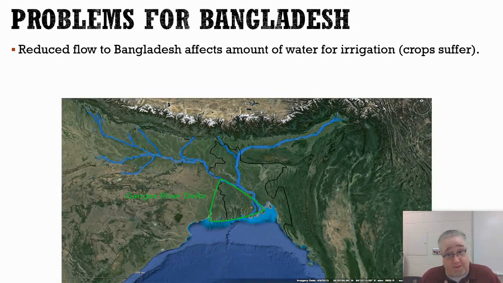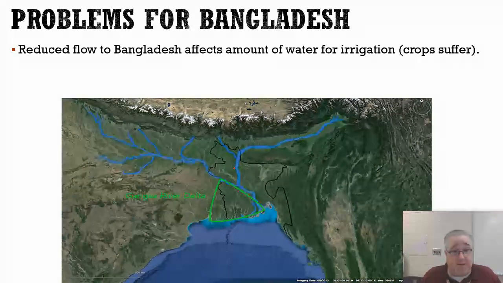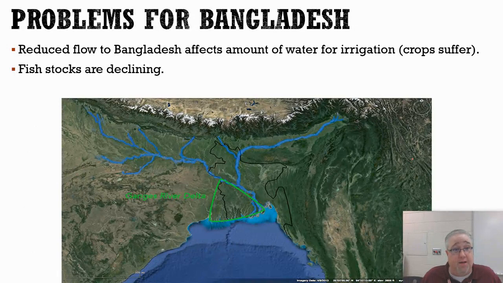So the farmers in Bangladesh really suffered because of the actions that India took. Another big problem is fishing. If you have less water flow coming into the country, that's going to impact fish stocks. So if you're a Bangladeshi fisherman, your life was probably impacted.